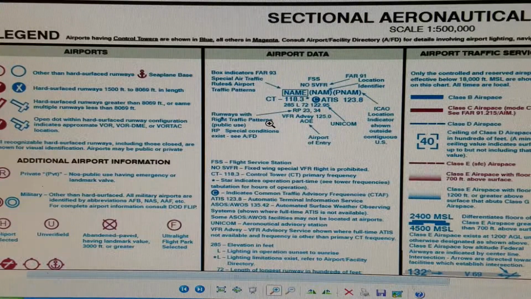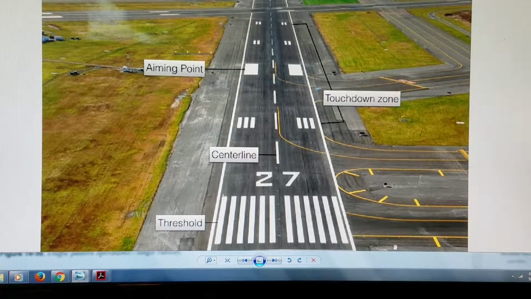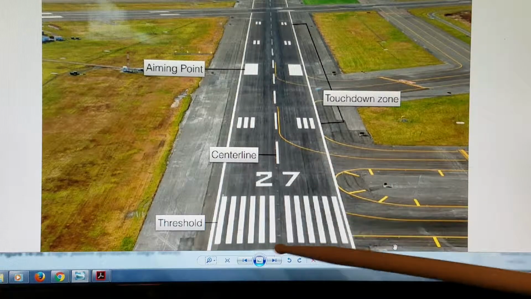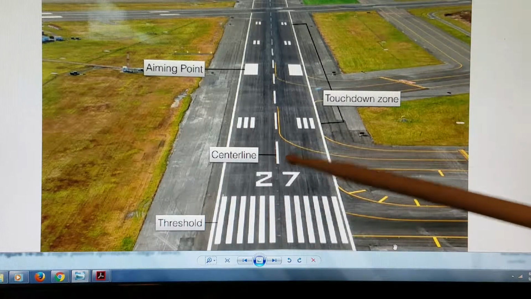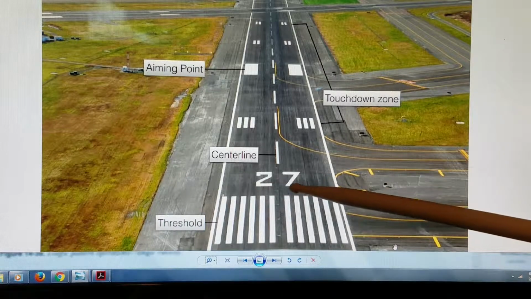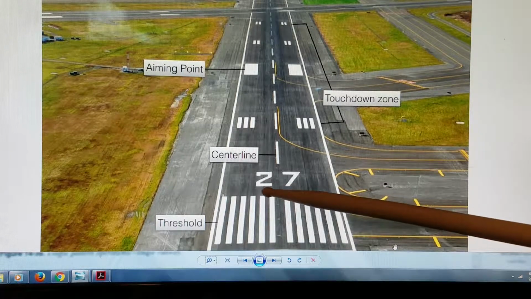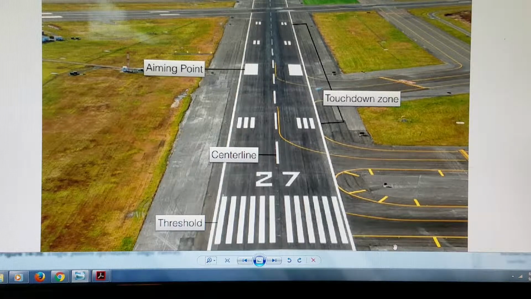Now, having said that, how do we find out the identifications of runways? Let me show you another image for that. Yes, on this definite question on runway traffic patterns, firstly, how do we identify the runway? At the end of the runway, the direction is marked over there. 27 represents 270 degrees.